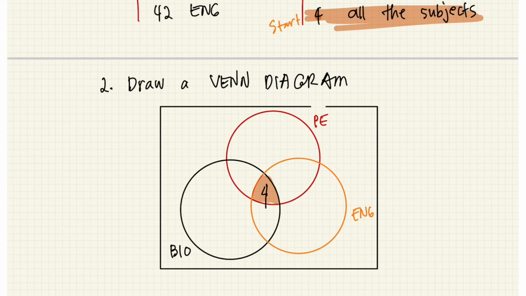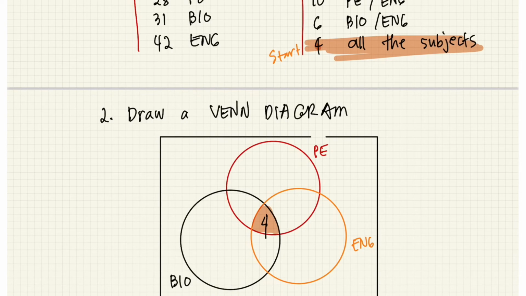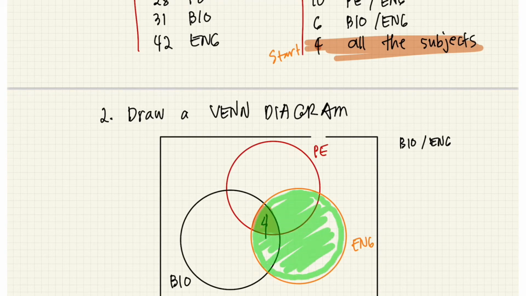Now moving to that, we are going to go for biology and English. Biology and English. Here. Now I'm going to mark biology as green, English as green, and biology as yellow.